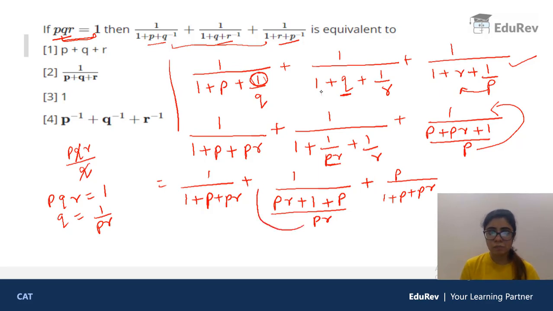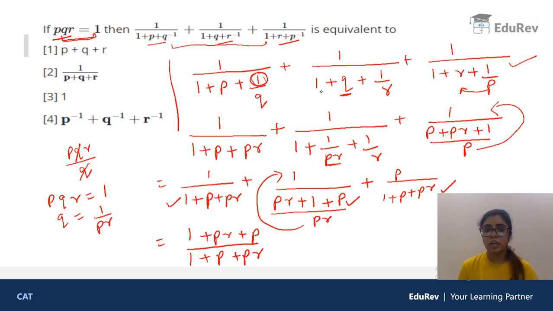In this case also this PR will go above. So what will you have? You will have 1 plus PR plus P upon, if you check the denominator, this denominator and this denominator is the same. So it will be 1 plus P plus PR. Now if you check, your numerator and denominator is the same. So it will get eliminated. So your answer will be 1. Okay? So option 3 is your answer.